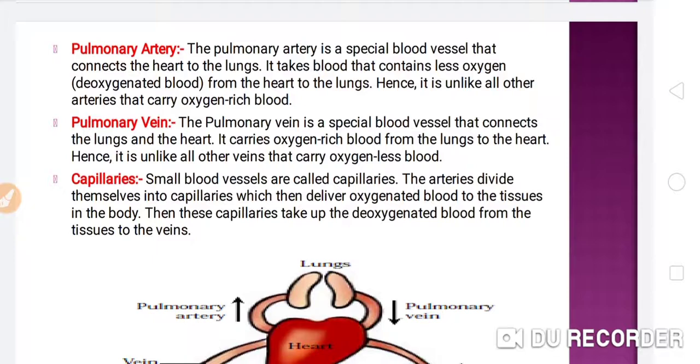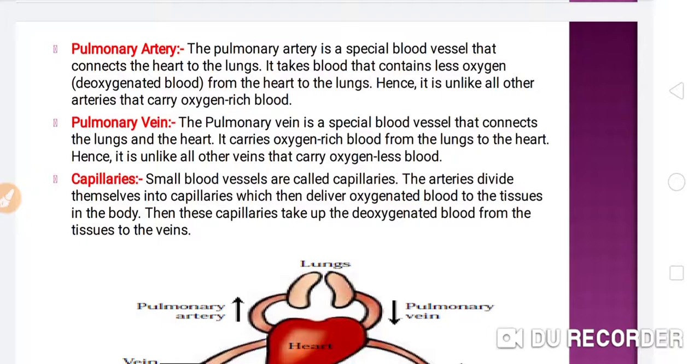All arteries except the pulmonary artery circulate oxygenated blood, but the pulmonary artery is the only artery carrying deoxygenated blood.